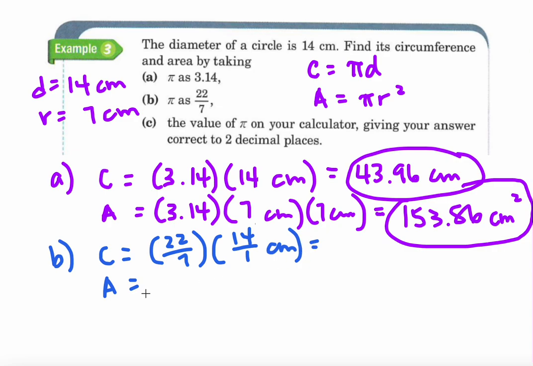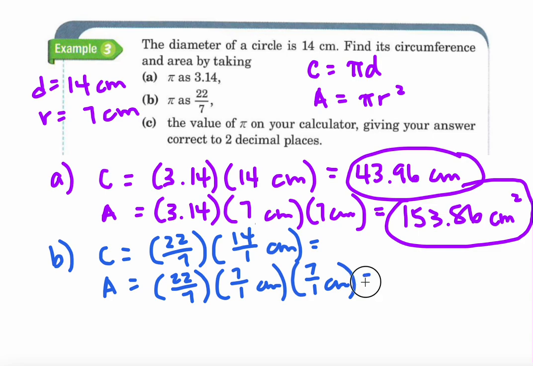Centimeters for area, 22/7 times 7/1 centimeters times 7/1 centimeters. Okay, this is not bad because 7 and 14 are divisible, so I don't hate it. All right, so 7 goes into 14 2 times. These 7s can cancel, so that's awesome. All right, not too bad.